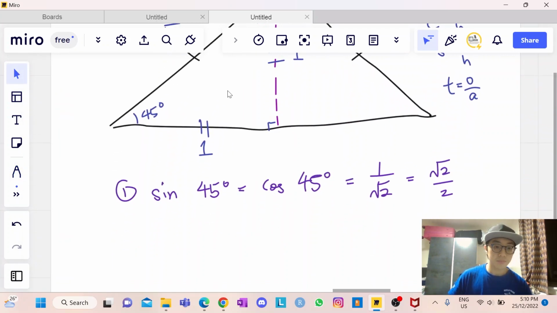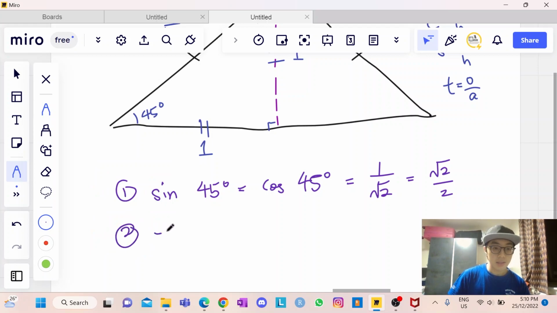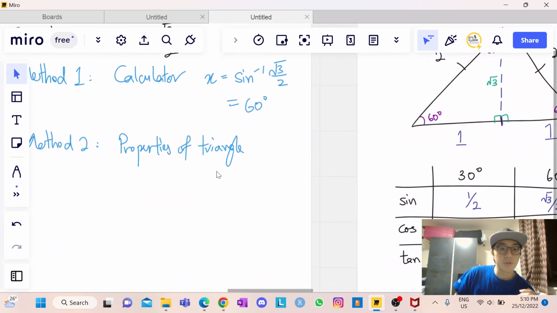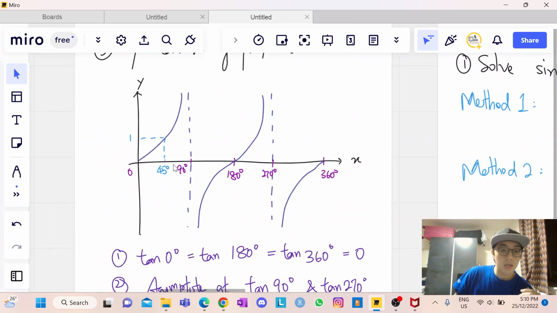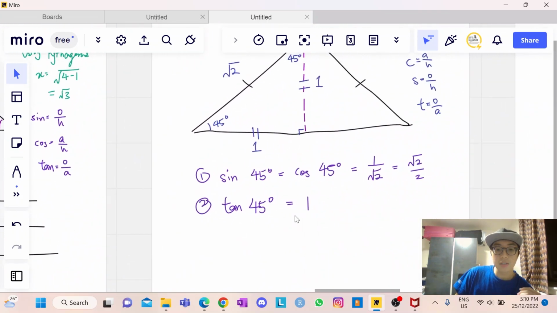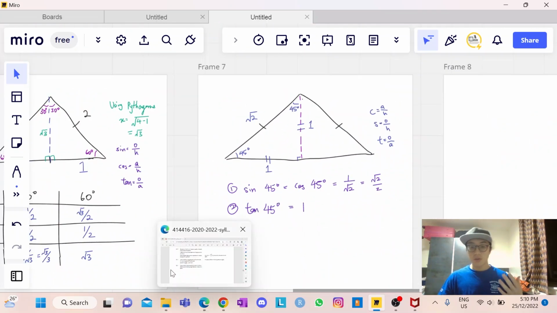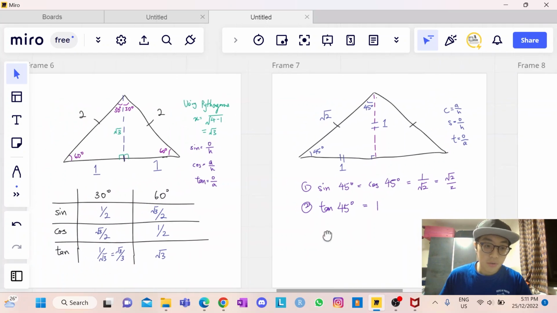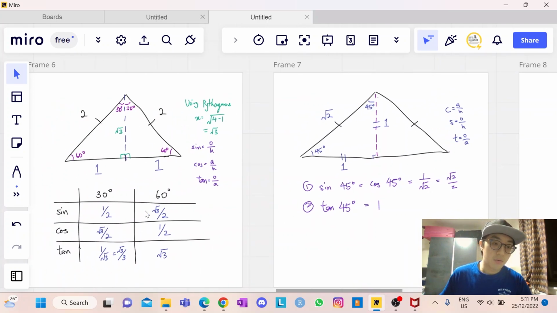And number 2, tangent 45 will be equal to 1. Therefore, when you sketch the tangent graph, it's very important for you to label at 45 degrees, it's 1. These are the things that you can derive from this isosceles triangle and this equilateral triangle right here.